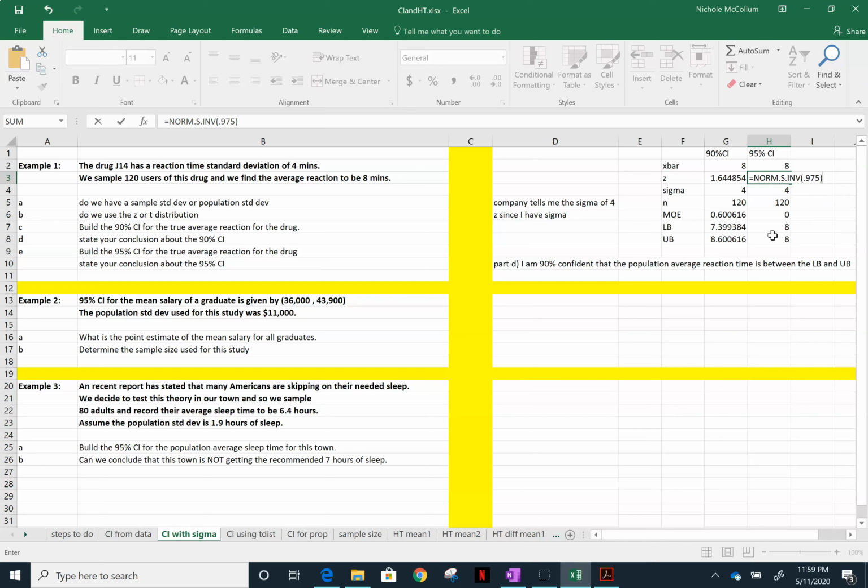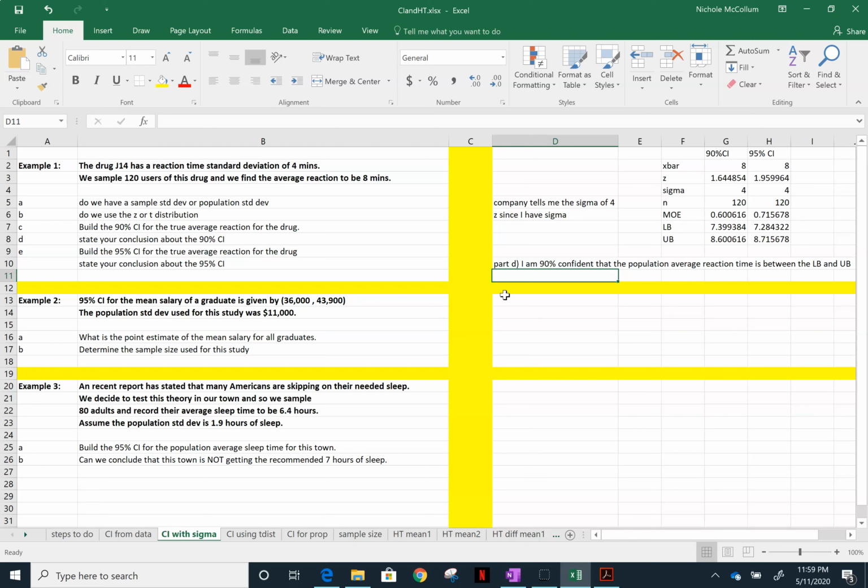That's what's in between. That leaves 2.5% on both sides. If I take 95 and 2.5, I get the area below the z bar in the picture we've drawn before. That makes 97.5.